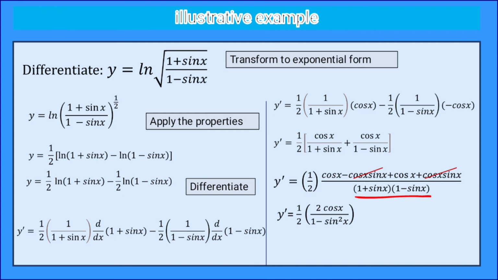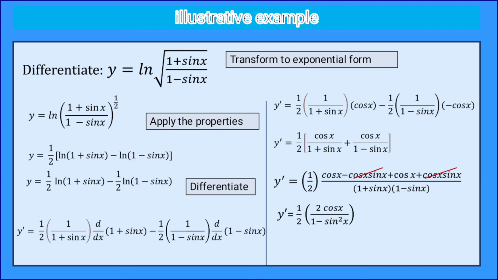So we already have the product of the denominator. That's why we have 1 minus sine squared x. And as you can see, focusing on 1 minus sine squared x, we can change it because there is an identity. And what is that? That is the Pythagorean identity.